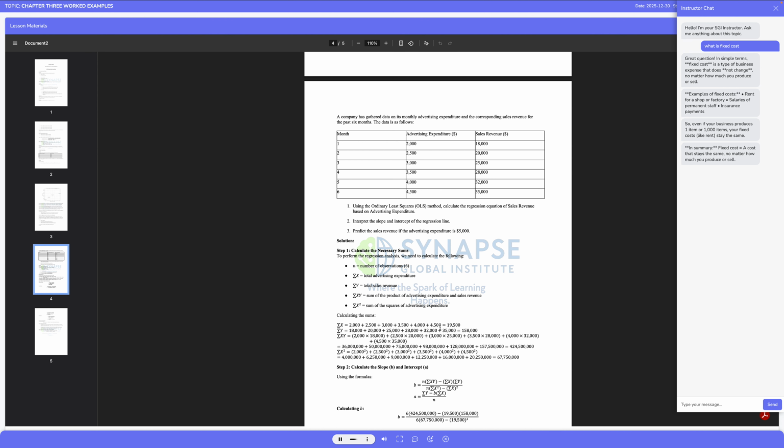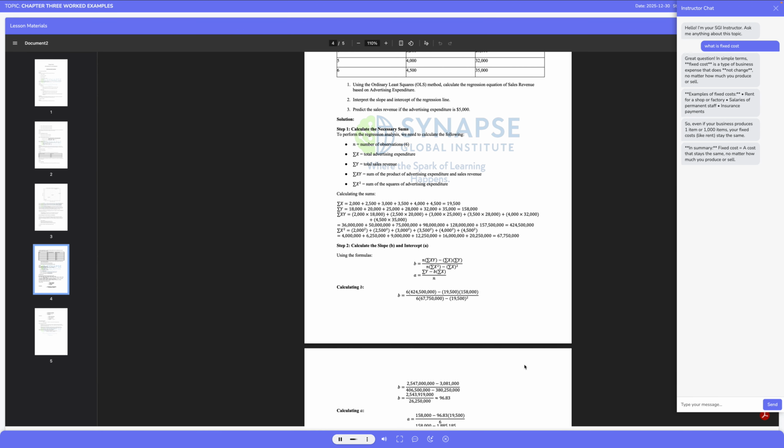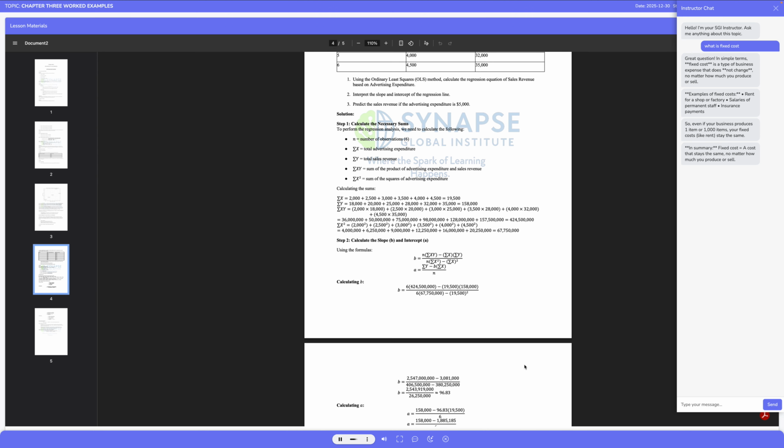The total advertising expenditure is $19,500, while the total sales revenue is $158,000. The sum of the products of X and Y is $424,500,000, and the sum of the squares of X is $67,750,000. In the exam, accuracy at this stage is critical, as any error will affect all subsequent calculations.